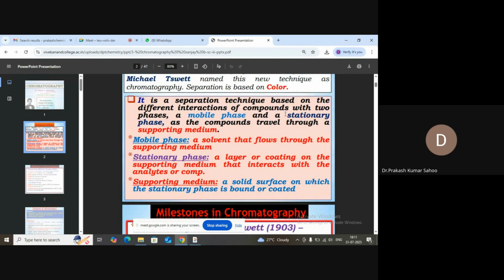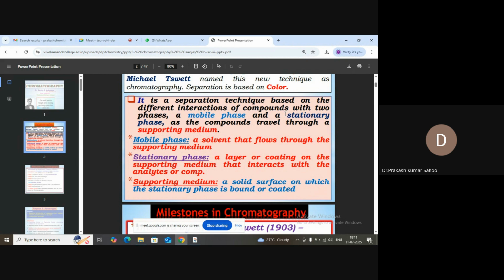It is a separation technique based on the different interaction of compounds with two phases, as we already know: one is known as the mobile phase and the second is known as the static or stationary phase, as the compound travels through a support.